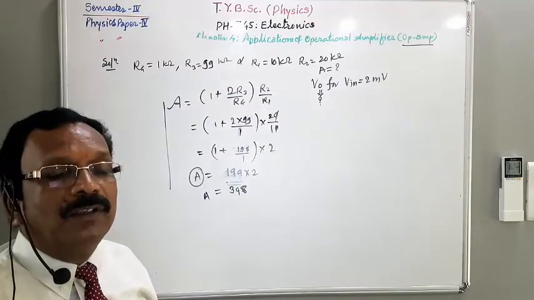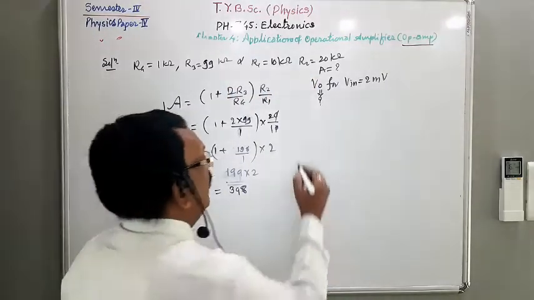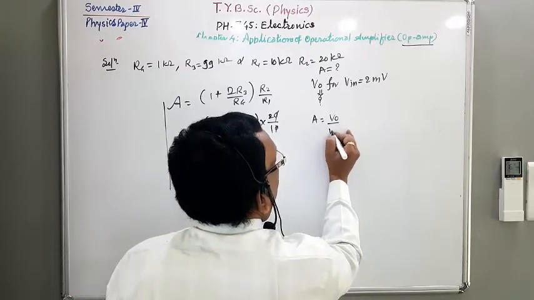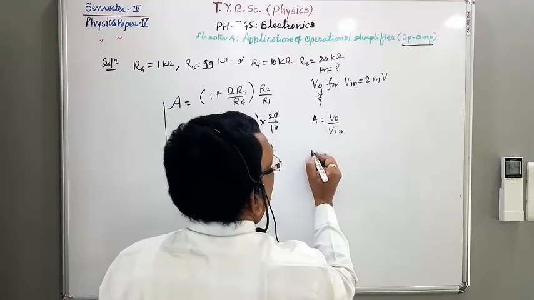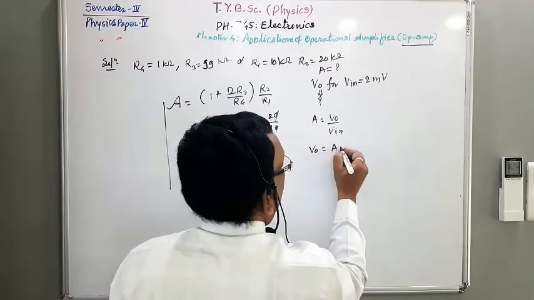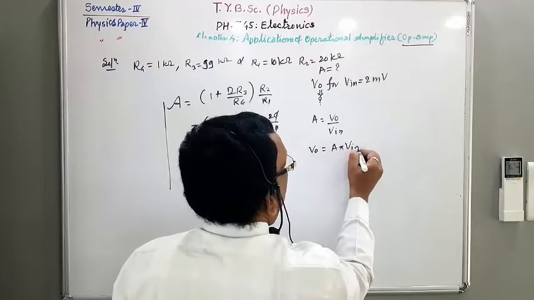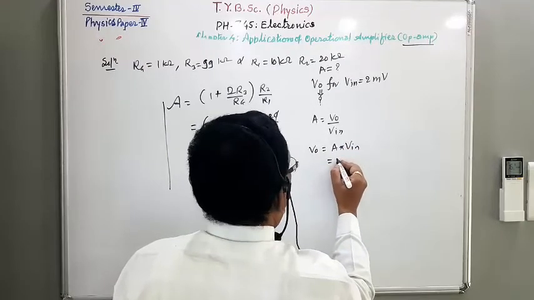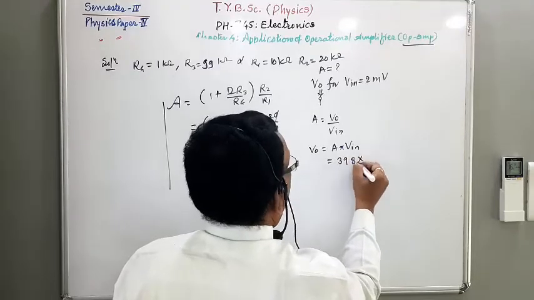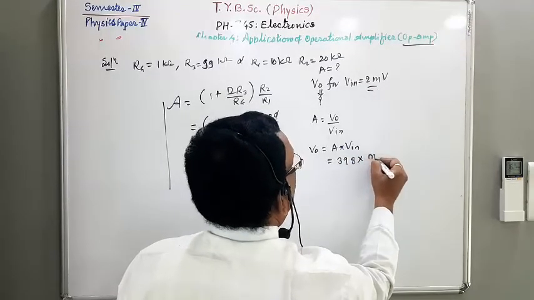Now we have to find the output voltage V0. We know that A is equal to VO upon Vin, the gain. So VO is equal to A into Vin. The gain is 398 and Vin is 2 millivolt.